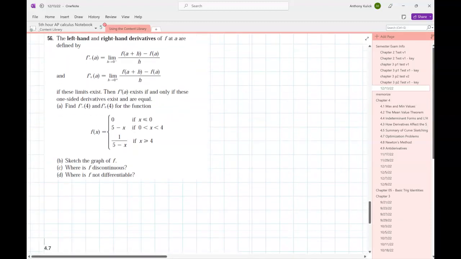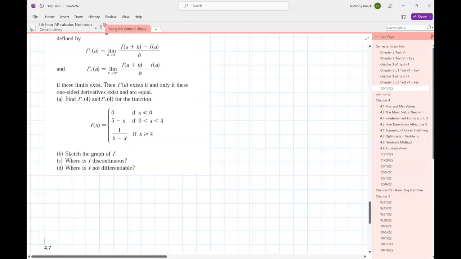So that's just a little definition that's given. If these limits exist, then f prime of a exists if and only if these one-sided derivatives exist and are equal.